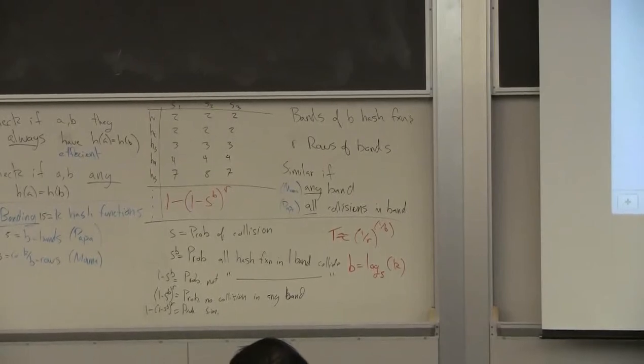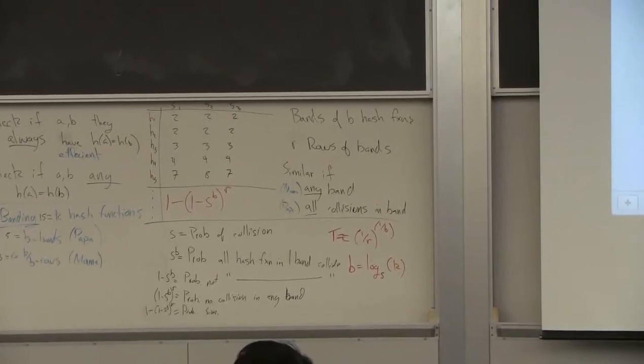You have all these hash functions, and you break them into groups, and if they all match in any one of the groups, then you declare it similar, and you have to choose how many groups to break them into in order to capture the right similarity. So K is the number of hash functions you have, so the number of dimensions of your vector.